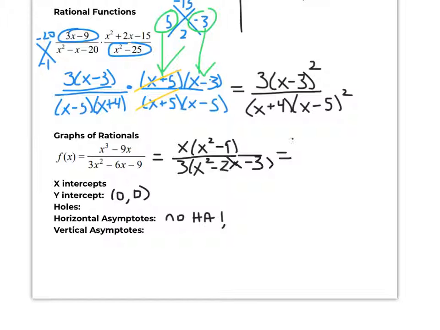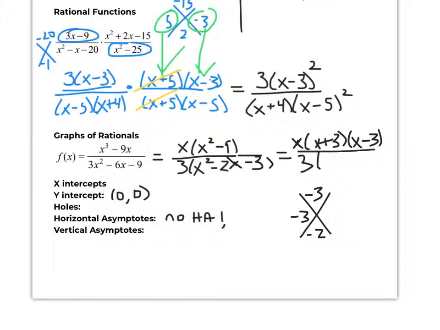The top is going to be x plus 3, x minus 3. For the bottom, we need to leave the 3 and then do an x. So it multiplies to negative 3, adds to negative 2. That would be negative 3 and 1.